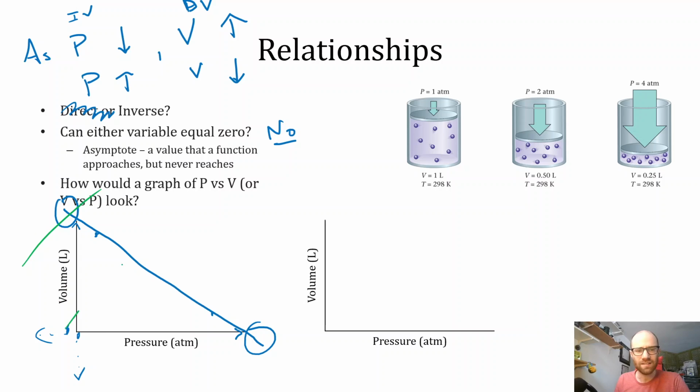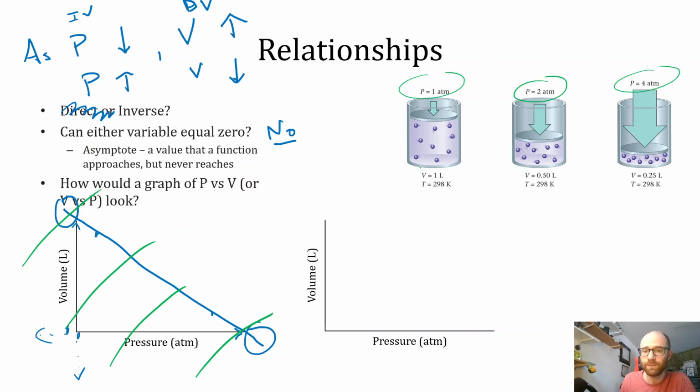We do still want to show this relationship, where one increases and the other decreases, but I don't think we can cross over the line for volume and the line for pressure. Those represent zero pressure and zero volume, respectively. So we want to show that they get close but never touch.